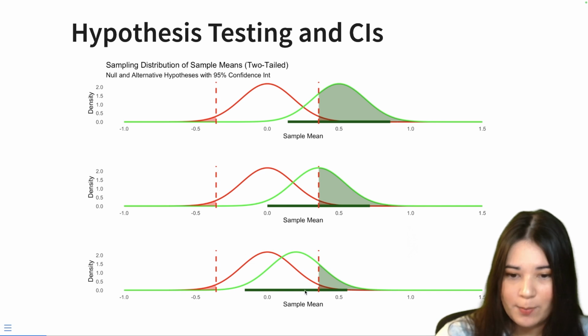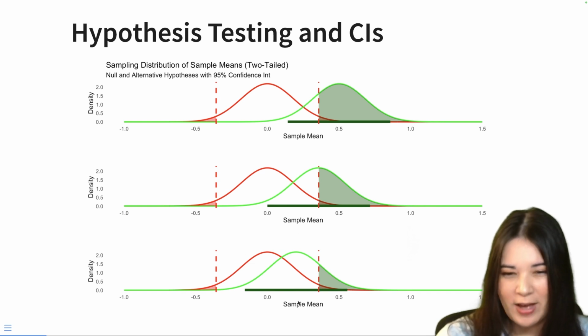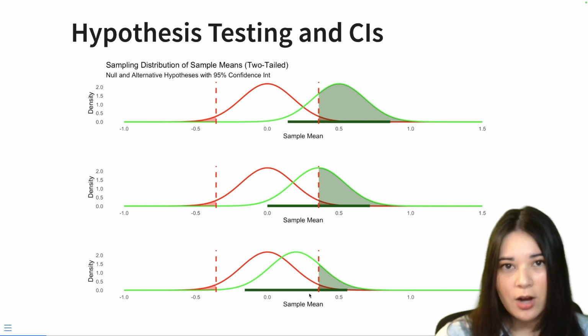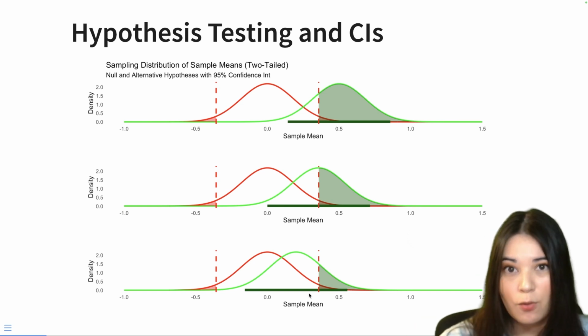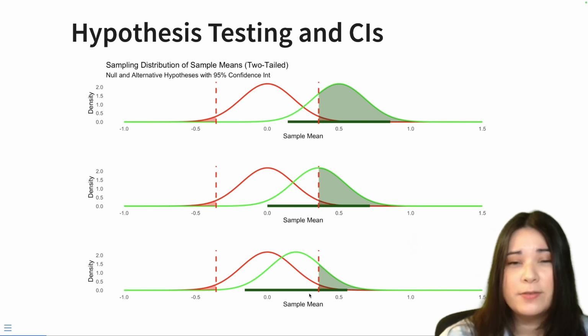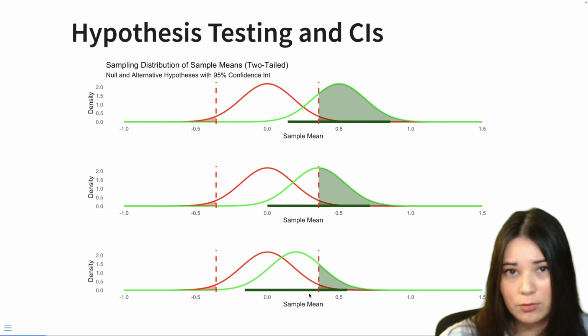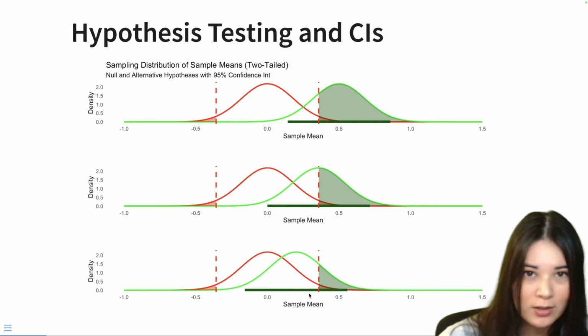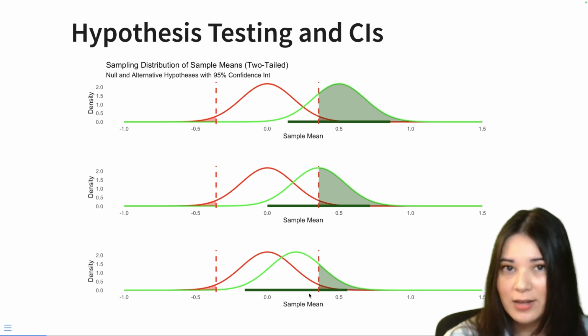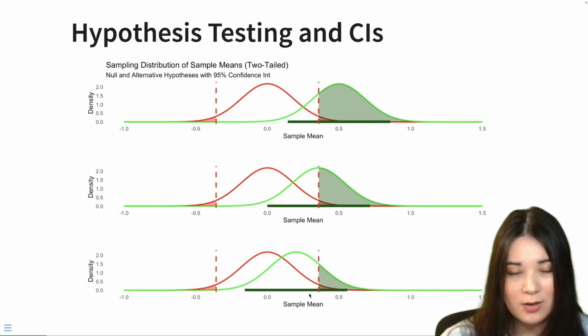In the last example, when we see a population effect of about 0.2, we can see that the 95% confidence interval does overlap with 0. Now, remember, we talked about a confidence interval representing reasonable values for our parameter estimate. And if 0 is a reasonable estimate for the average depression score in our group, then we can't really reject the null that the effect is 0, because 0 is a reasonable value.